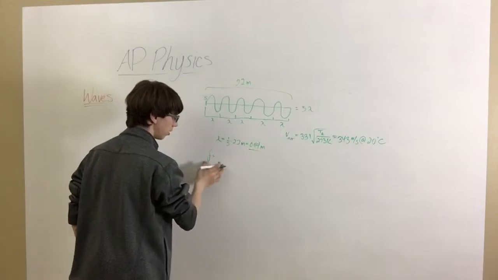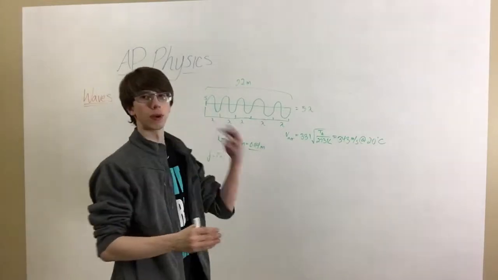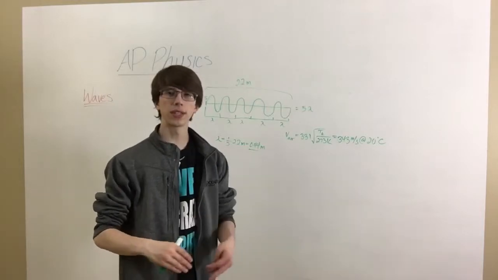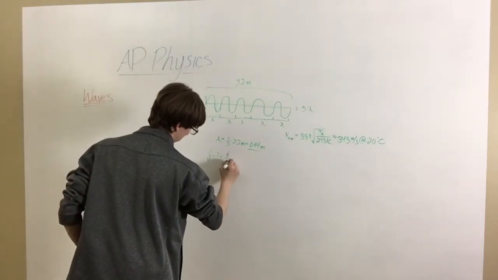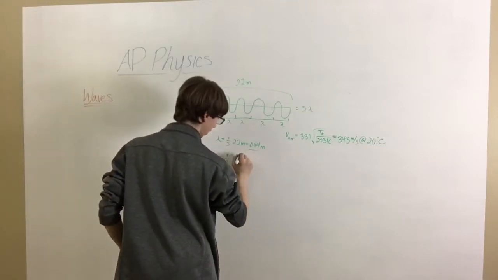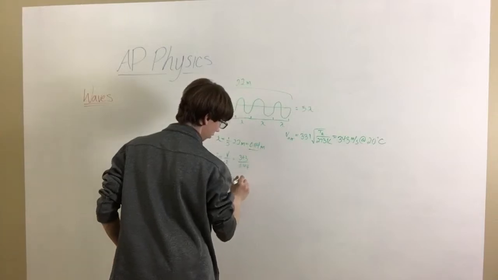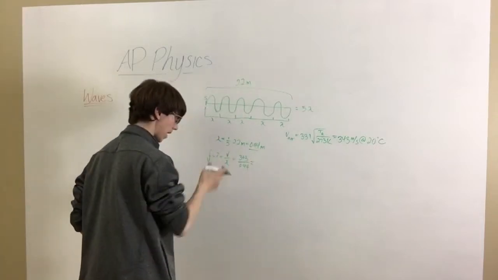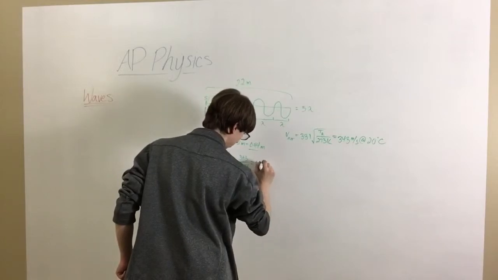Well, velocity is equal to the wavelength times the frequency. So frequency has to be velocity divided by the wavelength. So this is 343 divided by 0.44, which is going to give you about 667.